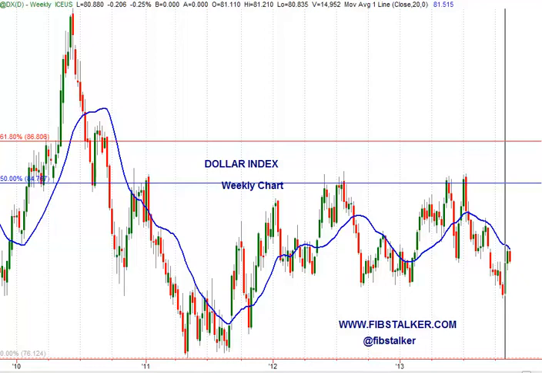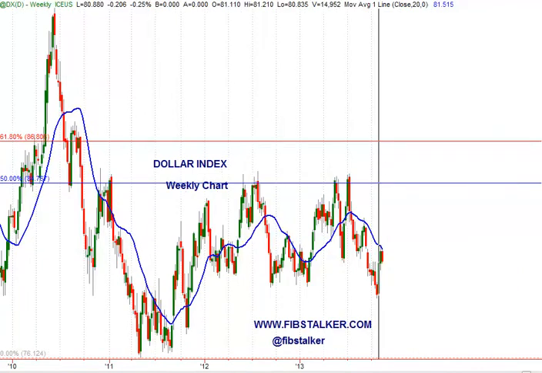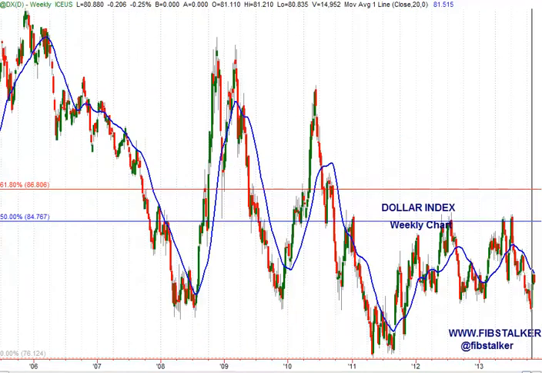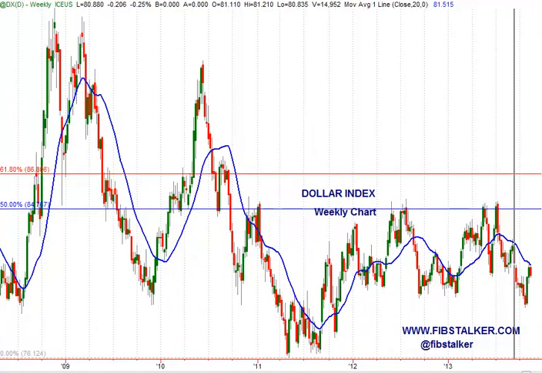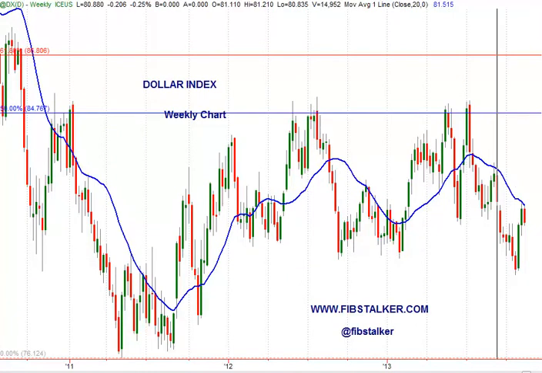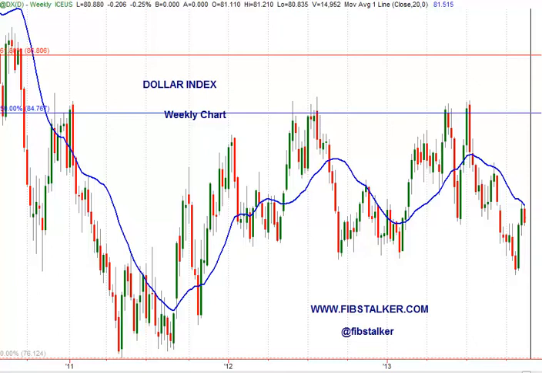So we know that this large level here has targets well below this 76 area. So at the moment we are not excluding the fact that the dollar could just continue lower, and the 20-day moving average on the weekly chart is showing actually resistance here.